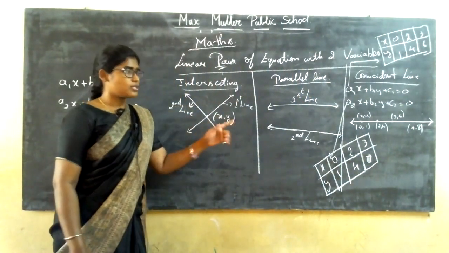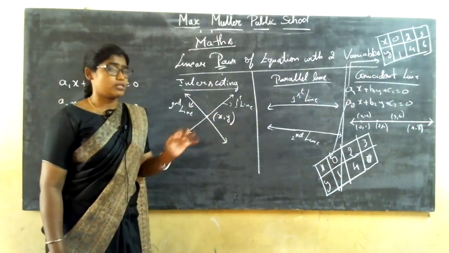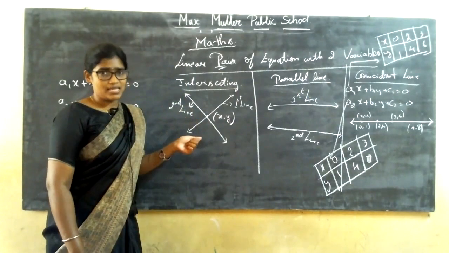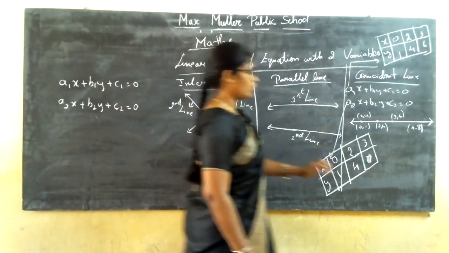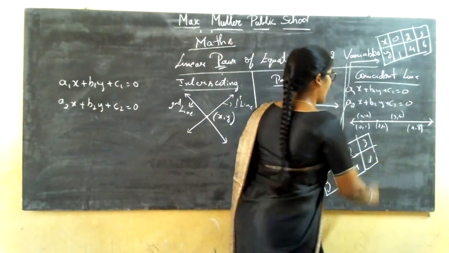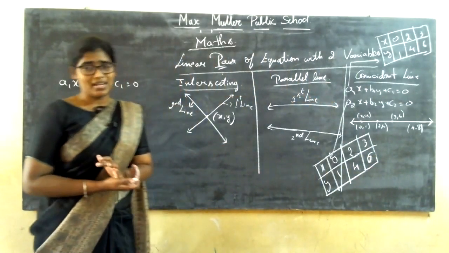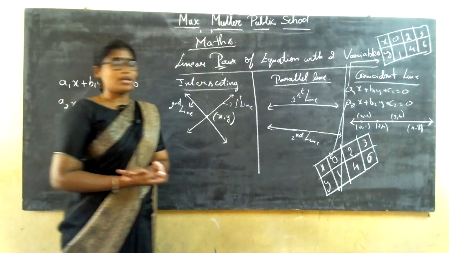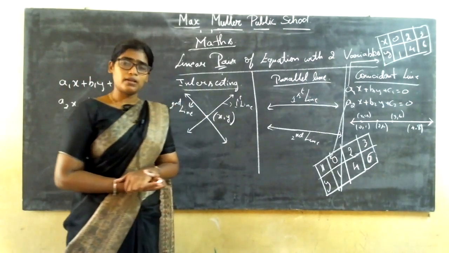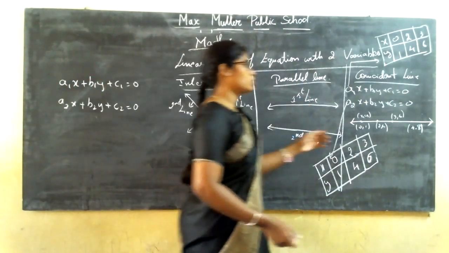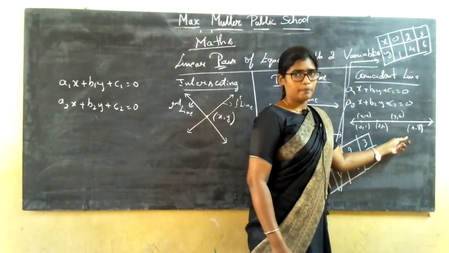When you get an odd one, it is not a coincident line. You can say it is an intersecting line. When all the points are intersecting each other and no point is left out, only then can you say it is a coincident line. Clear about this? All the points should intersect each other. Clear?